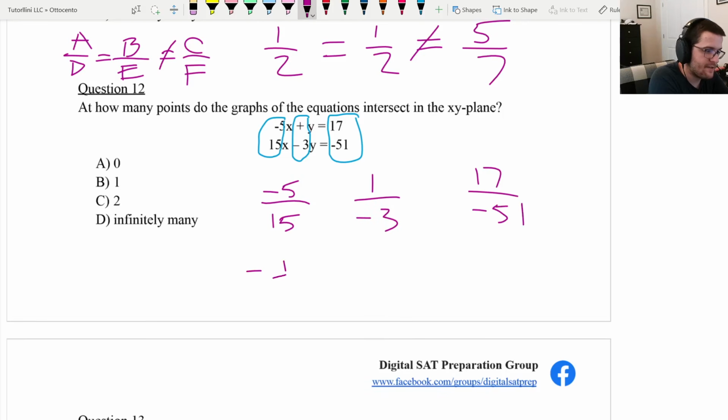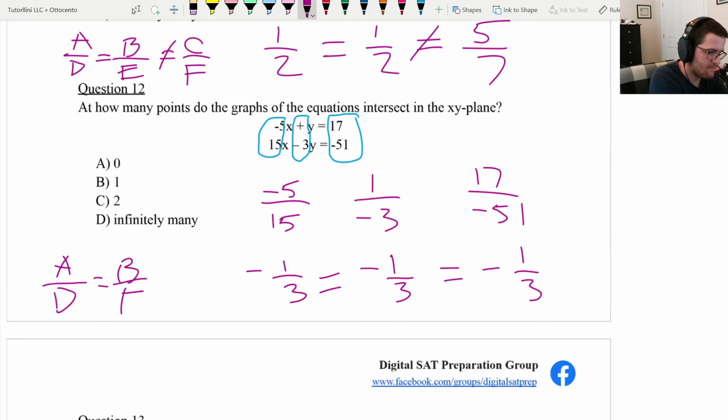And I think that is all -1/3. So they're all equal. So this one is A over D equals B over E equals C over F, which is infinitely many. So this one is answer choice D.